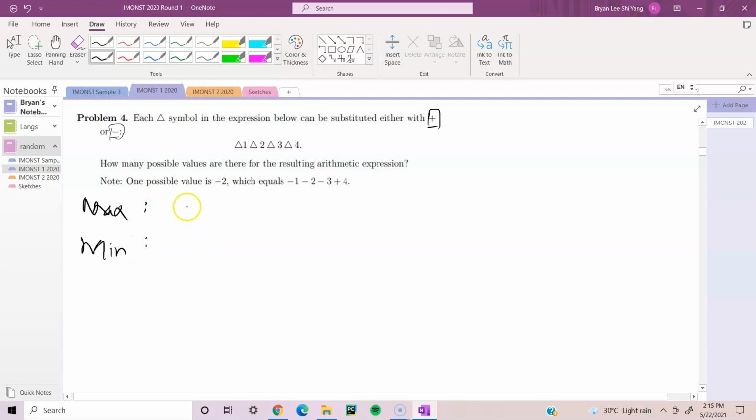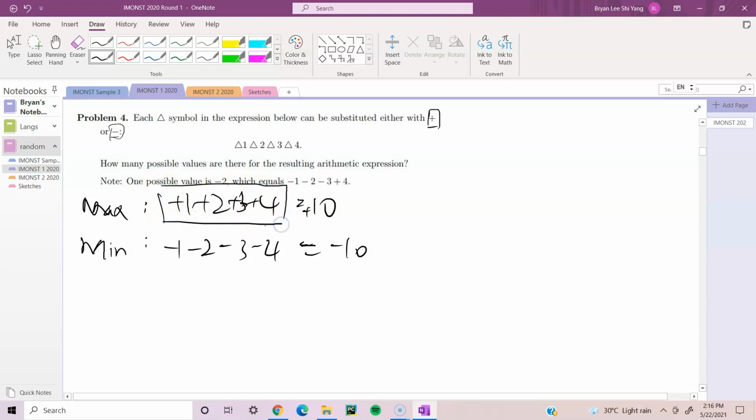Obviously the maximum is by putting 4 plus signs, which is plus 1, plus 2, plus 3, plus 4, which is positive 10, and then the minimum will be negative 1, negative 2, negative 3, negative 4, which is negative 10. Now, how do we alter the values here? Observe that if we change a plus 1 to a negative 1, the value changes by 2.